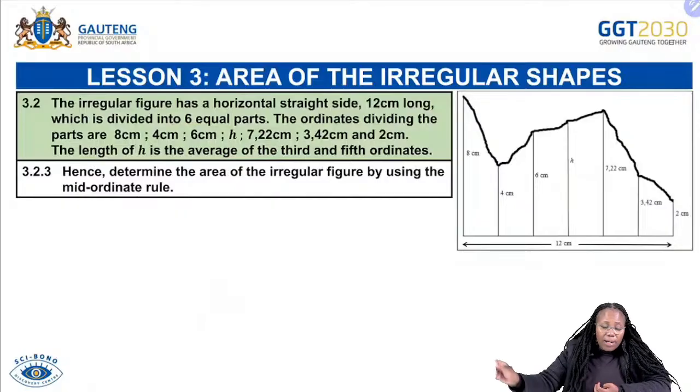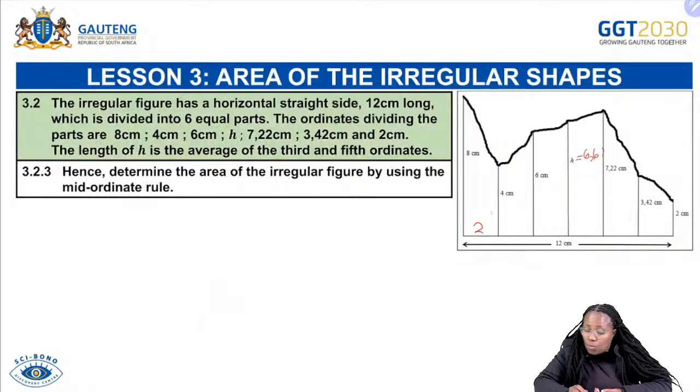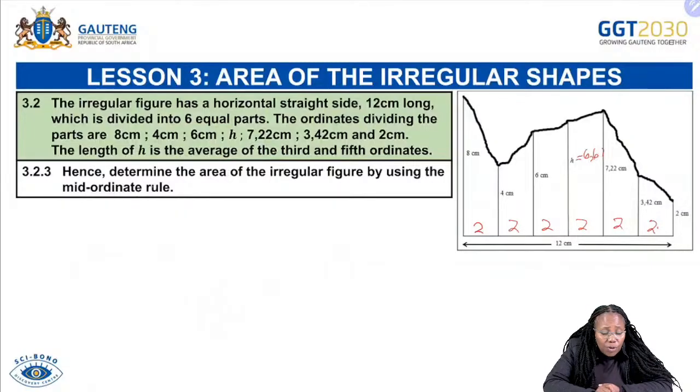And then now another irregular shape, area of the irregular shape, grade 12. Hence, determine the area of the irregular figure. Remember, we have calculated this as 6,61. And then we know the equal parts here, we said each will be 2. Then it's 2, 2, 2, 2 throughout here. From here now we need to determine the area of this irregular shape. Remember, we said the second one is the easiest one.